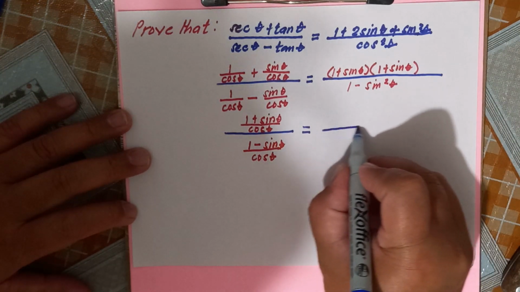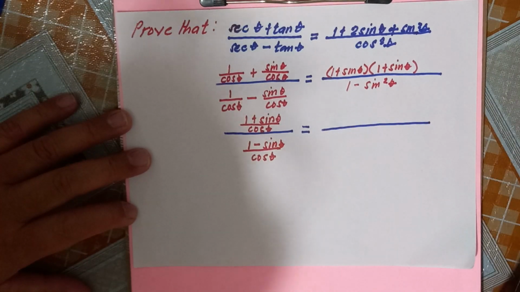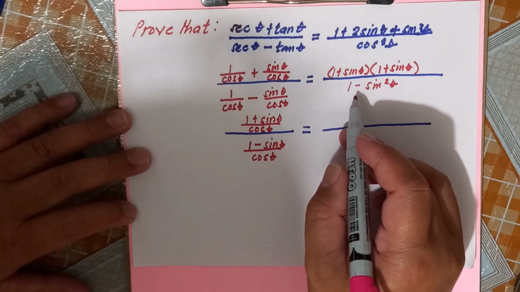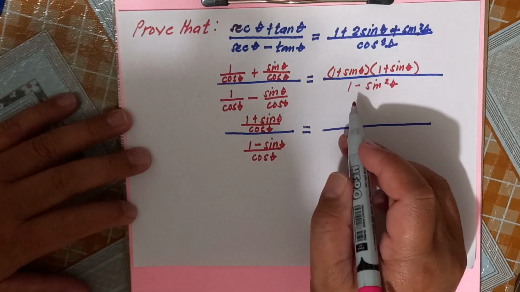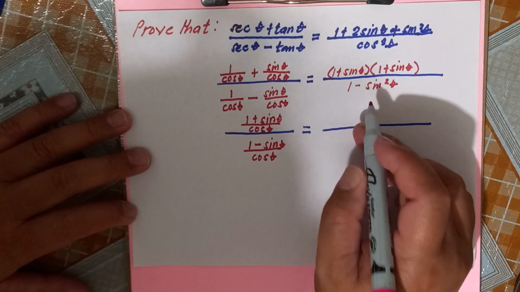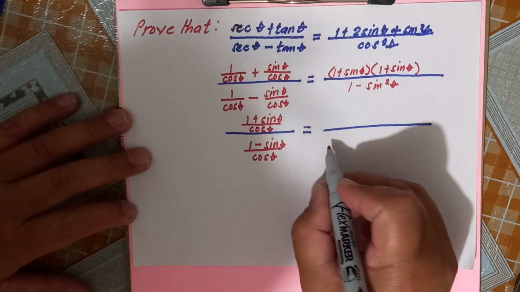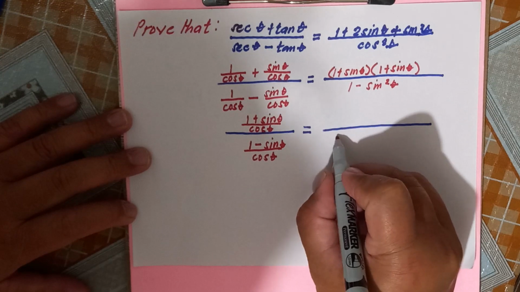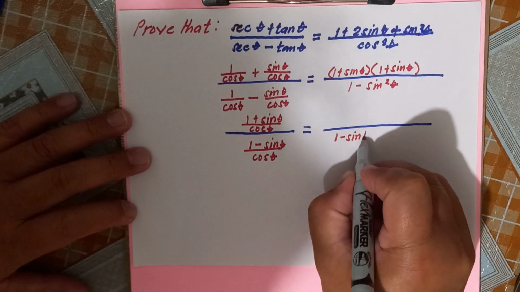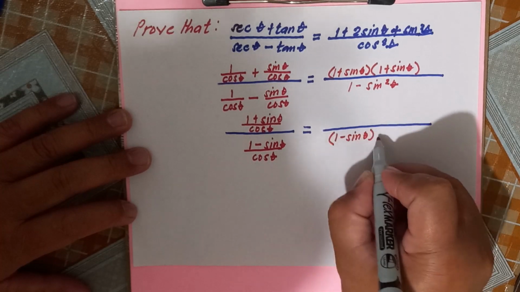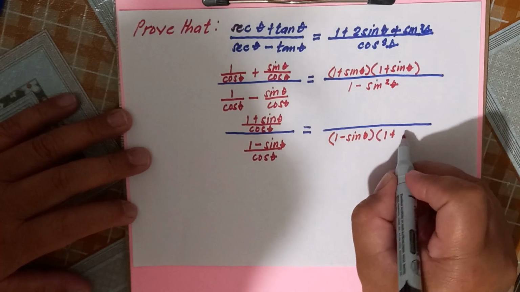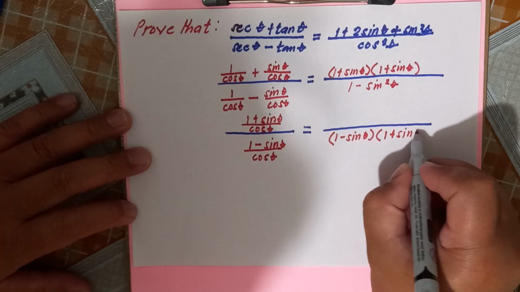Now, what about the right side? At the right side, notice that for the denominator, this is actually the difference of two perfect squares, so it can have a binomial factor. What is the binomial factor of that one? It is 1 minus sine theta multiplied by 1 plus sine theta.